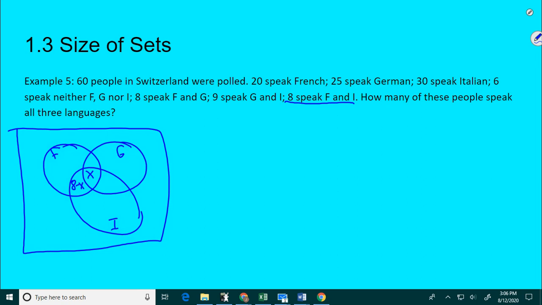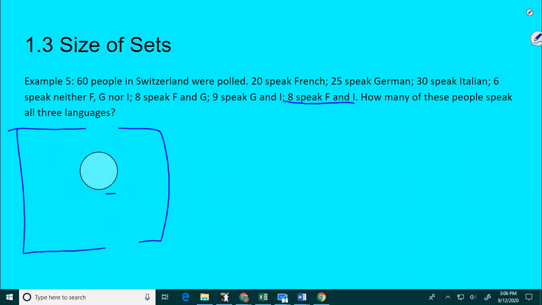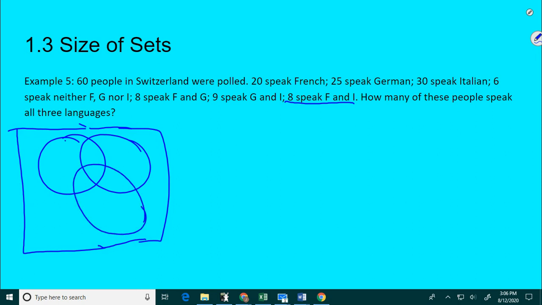That's why there's a formula for the union of 3 sets. It's very, very similar to the union of 2 sets. I'm going to kind of show you how to do it. So I'm going to erase this and redraw something for you. So F, G, I. Okay, so here's my formula.